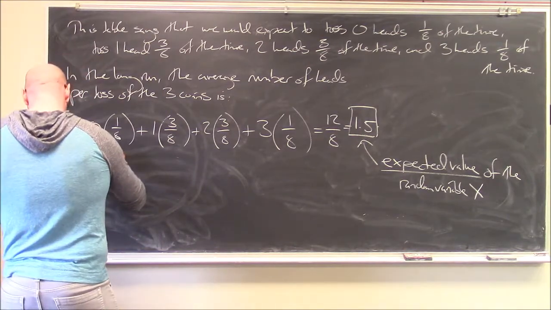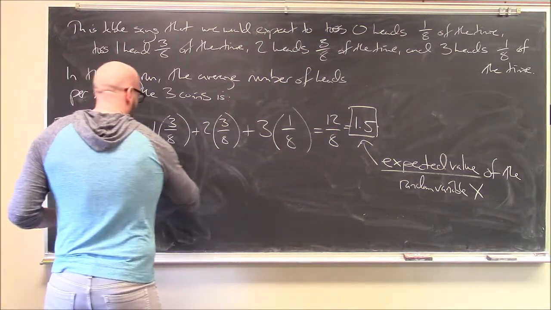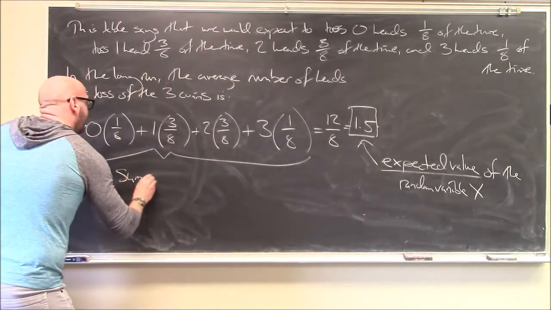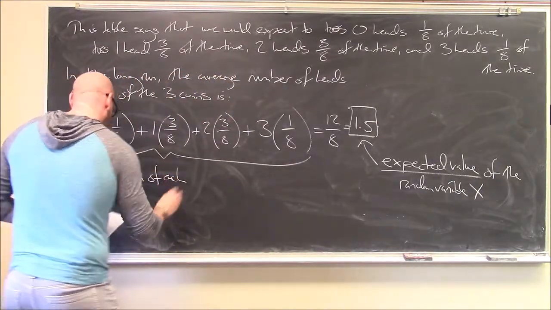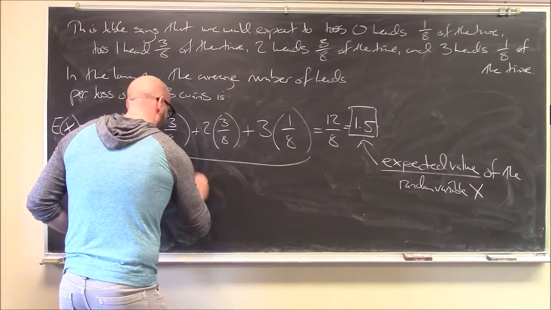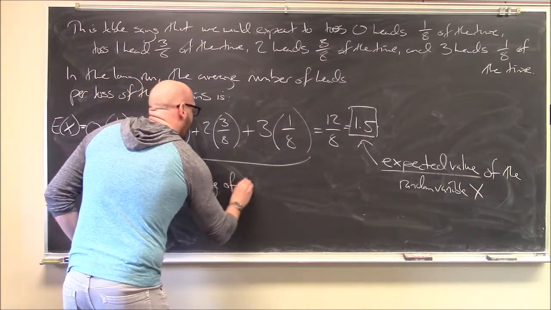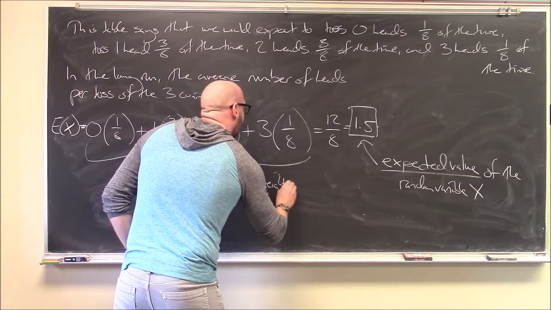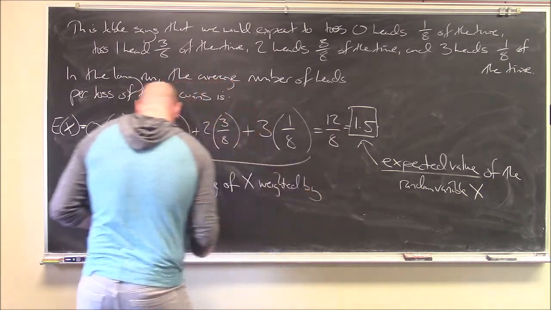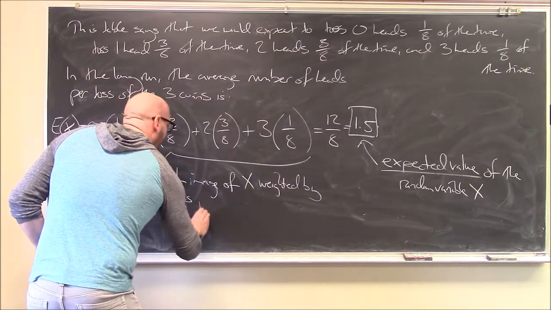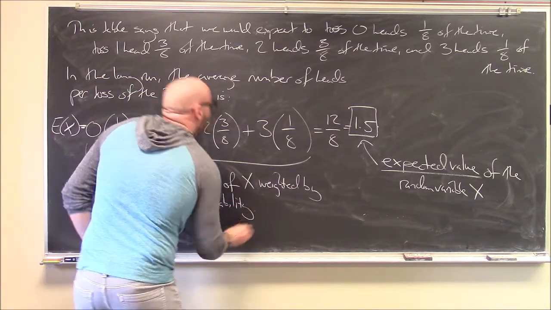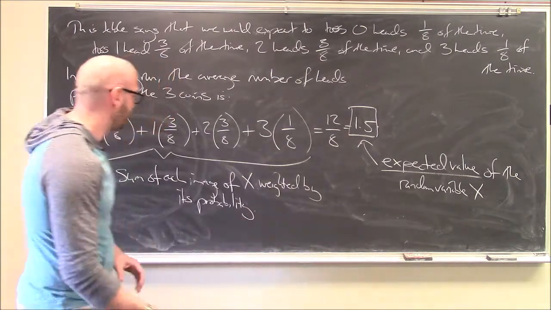So this is the sum of each image of X weighted by its probability, and that probability is given by your probability distribution function.